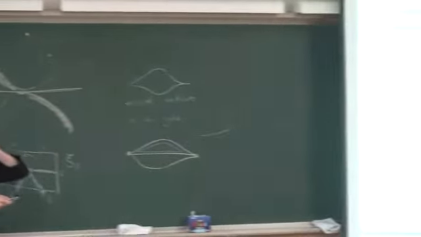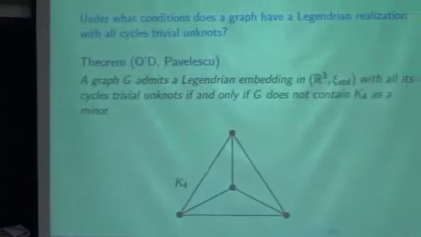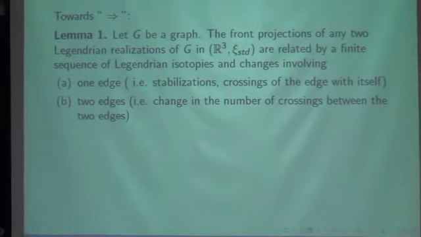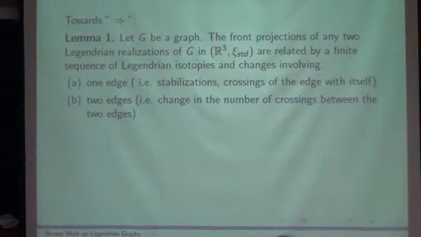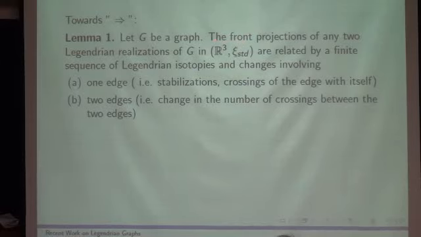Okay. So we'll need two lemmas. The first lemma says that we're just considering an abstract graph, and if we look at two different front projections of this abstract graph, they're going to be related by a finite sequence of Legendrian isotopies and changes that involve either one edge or two edges.